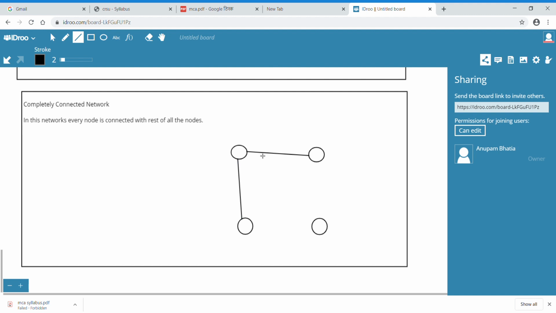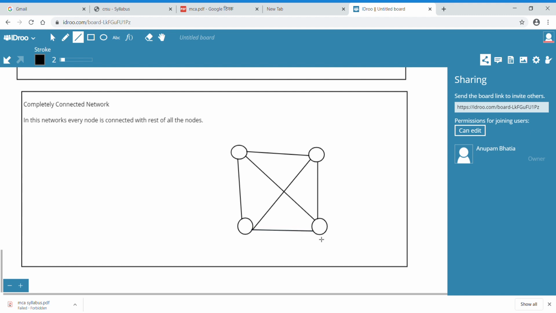This is connected with all three. Now if this network is already connected here, I'm going to connect it with this, followed by this, and similarly it is here.